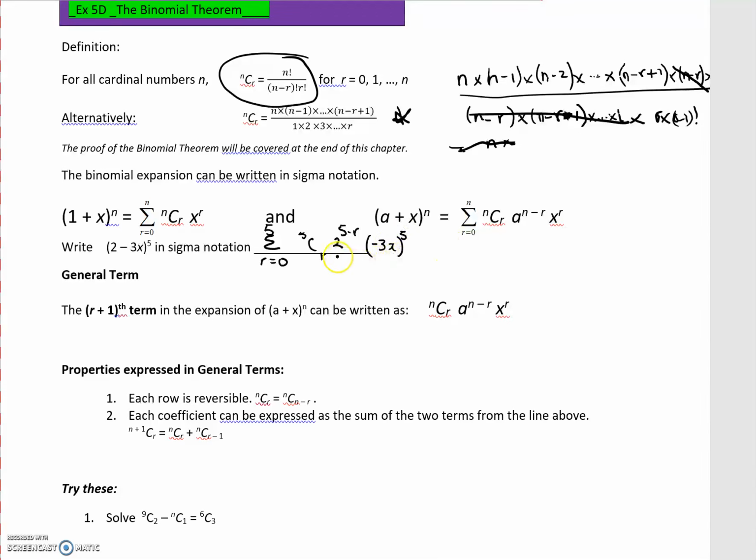If you think about that, 2 to a number is also part of the coefficient, and this negative 3 to the power r will contribute to the coefficient.